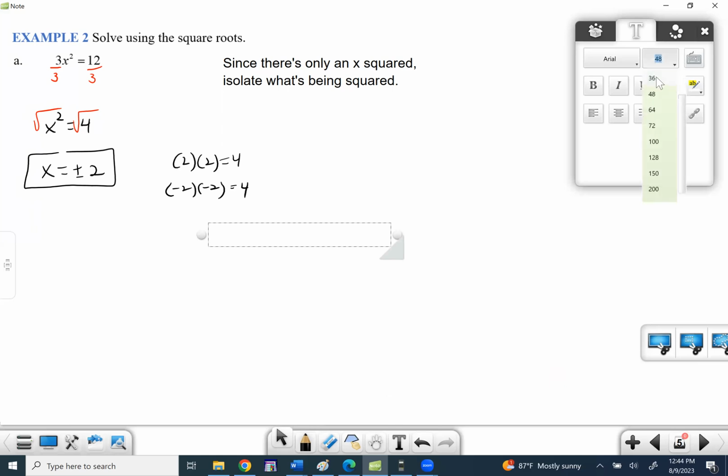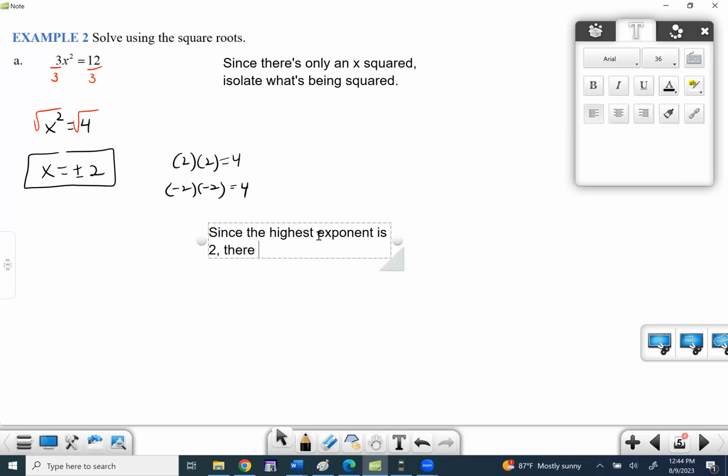So we would have said, okay, let me make sure that I have 2 solutions since the highest exponent is 2, right? Since the highest exponent is 2, there should be 2 solutions. If you don't have your plus or minus, then you only have 1 solution, and then you would find out, oh yeah, I forgot to put my plus or minus on this. Okay.